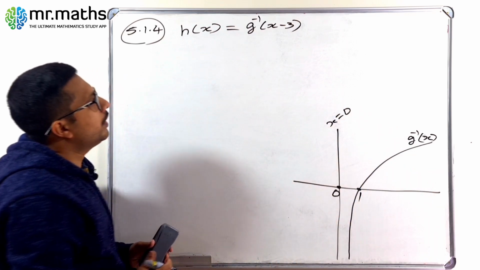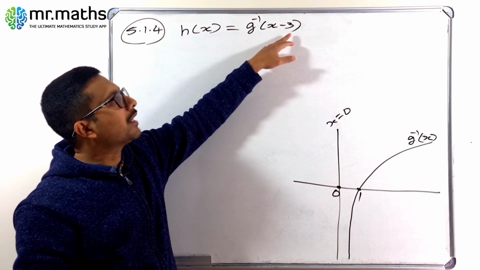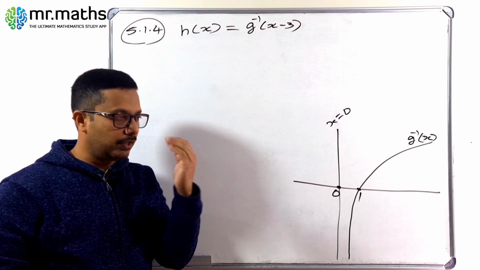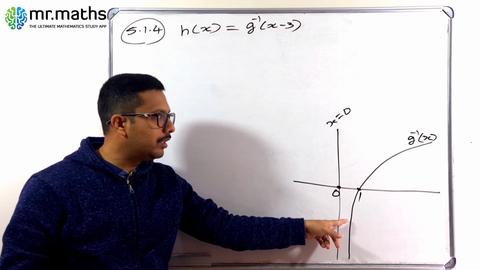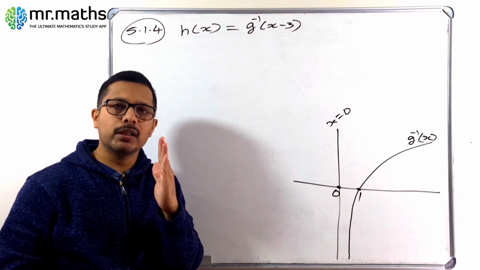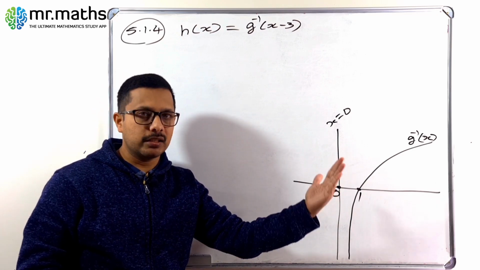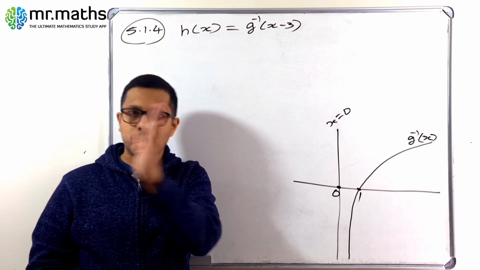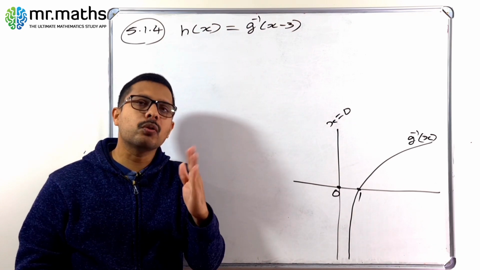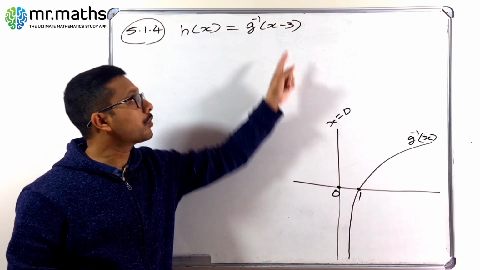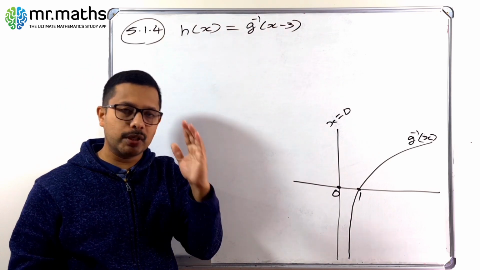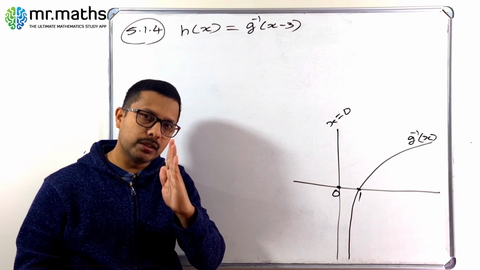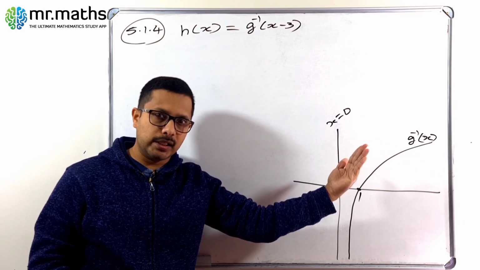Now what is the meaning of x minus 3? x minus 3 means that the g inverse of x graph is shifted 3 units to the right. Don't misunderstand: minus 3 doesn't mean it is to the left. You have to take the opposite of what we are thinking. So the graph is shifted 3 units to the right.